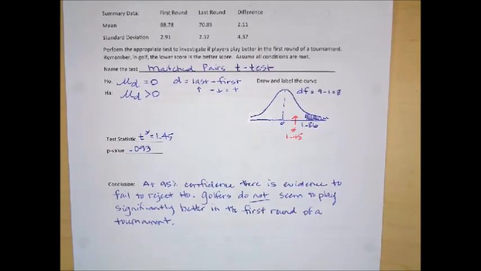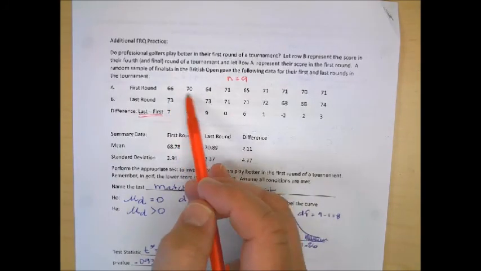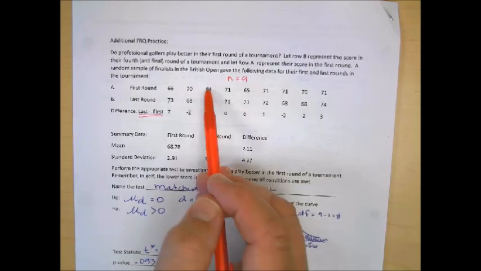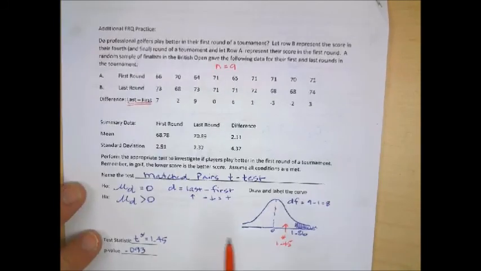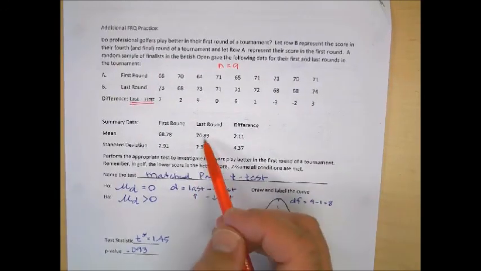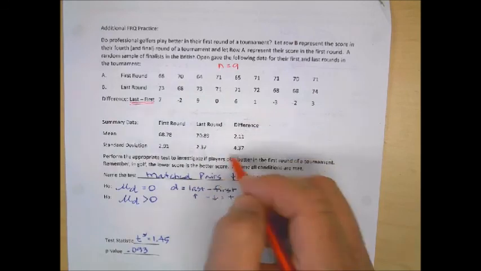And this is definitely a matched pairs test, because these two scores are from the same golfer, and these two are from the same golfer, and these two are from the same golfer. So we are not going to need the data from the first round or the last round. What we need is the difference data.